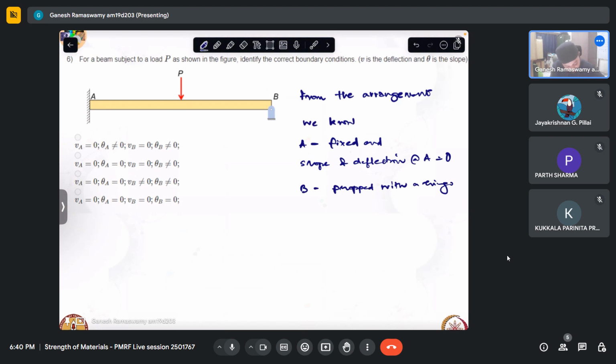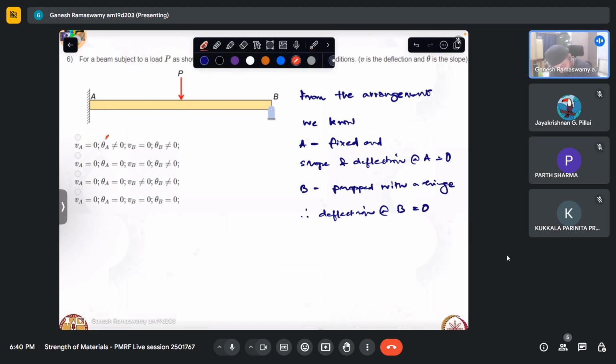So therefore, deflection at B is 0. So VA equaling 0, theta A not equal to 0. So this is clearly not correct. So this is not a correct option.